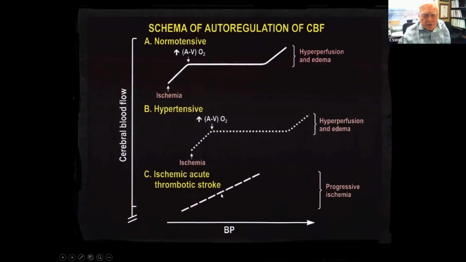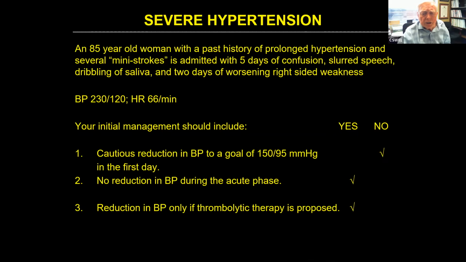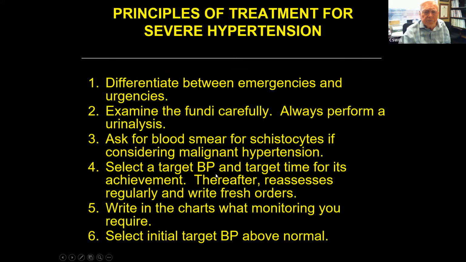Therefore, it's dangerous to lower the pressure in the case of somebody with a stroke in evolution, a chronic stroke like that, semi-chronic stroke. It's quite different from the cerebral hemorrhage. So here then, no reduction in the acute phase and some reduction if thrombolytic therapy is required, but it's not likely in this because it's been progressing over 5 days.